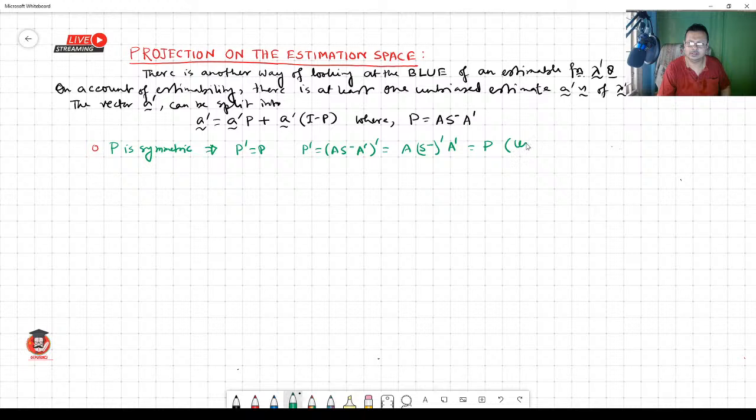So using result 2, hence P is a symmetric matrix.